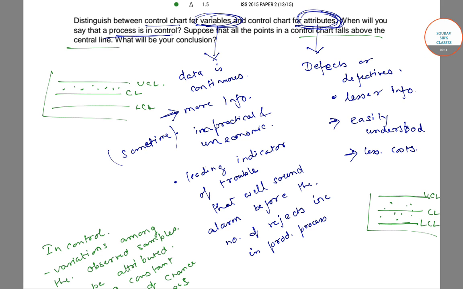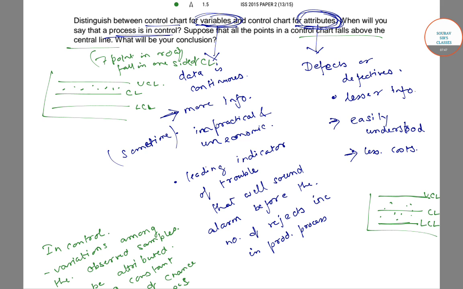That is the situation where 7 points or more than 7 points in a row fall on one side of the central line.